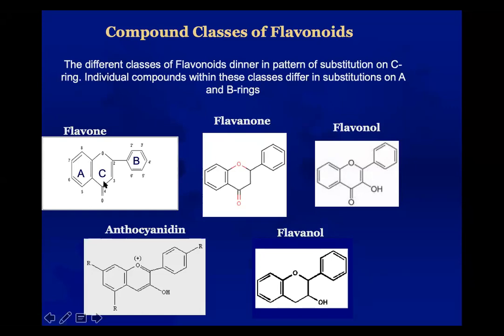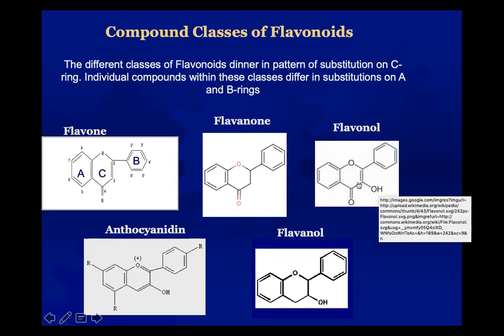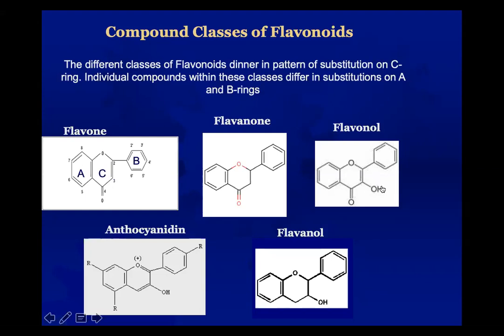Then flavonol. Flavonol means if flavone contains a hydroxyl group at the three carbon, then it is called flavonol. Similarly, anthocyanidin. Here you see no substitution, almost similar to flavonol, but the difference is no oxygenation here. But it is different from flavanone.